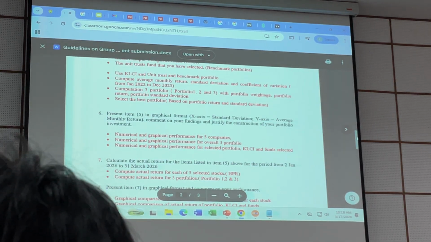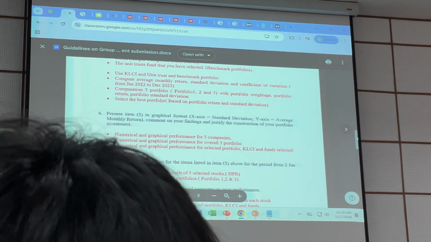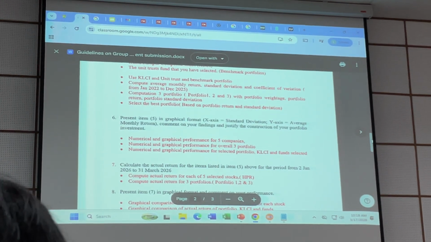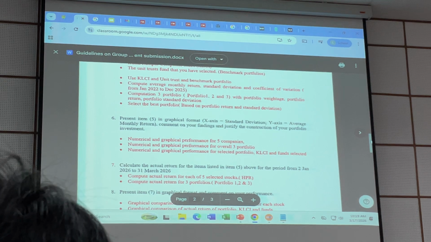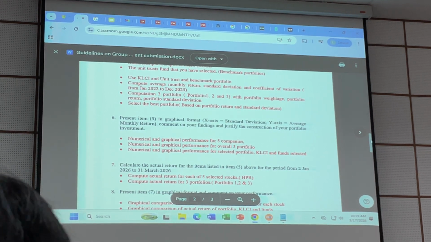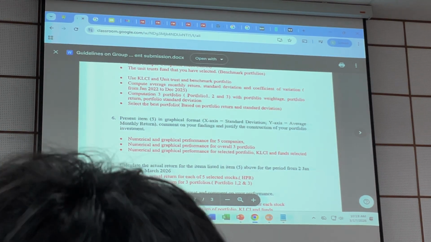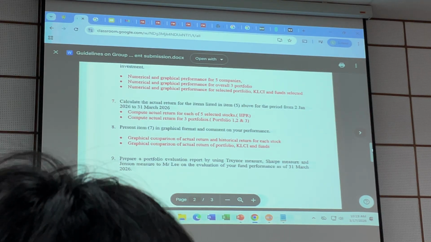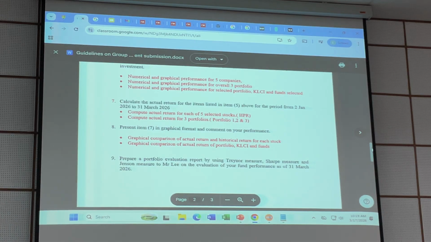Okay, number 6. Once you calculate number 5, you must link this to number 6 with a graphic format to do some comparison. Numerical graphic performance for 5 companies. Numerical graphic performance for 3 portfolios. And compare these 3 portfolios with the KLCI and the fund you select. And number 7, calculate these 5 stocks based on recent price changes from January until 31st March, 3 months.